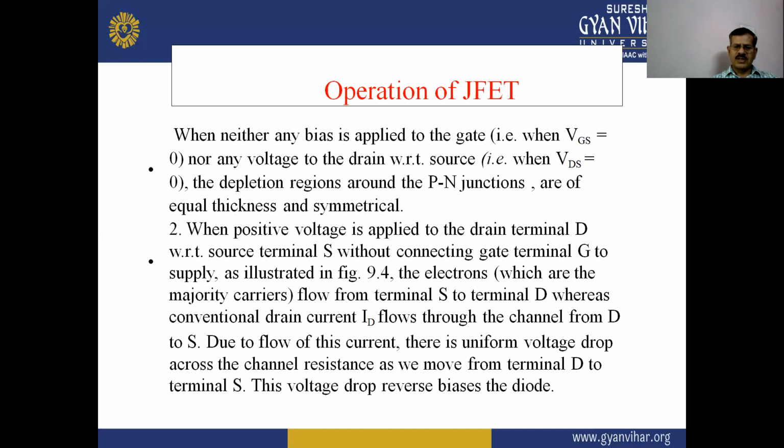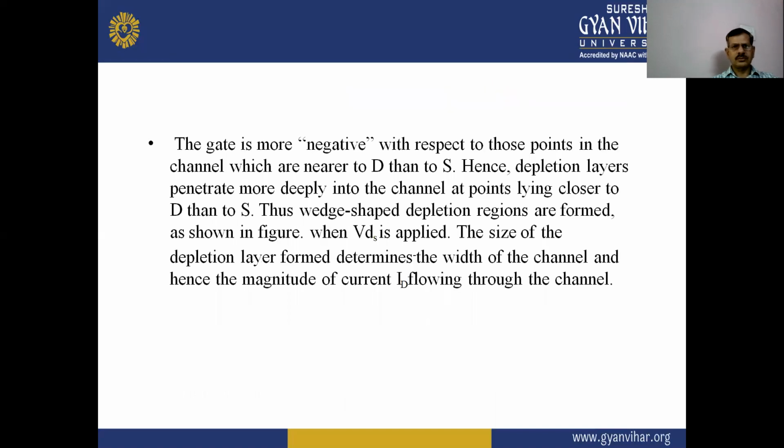Due to the flow of this current, there is a uniform voltage drop across the channel resistance as we move from terminal drain to terminal source. This voltage drop reverse biases the diode. The gate is more negative with respect to those points in the channel which are nearer to drain than to source.